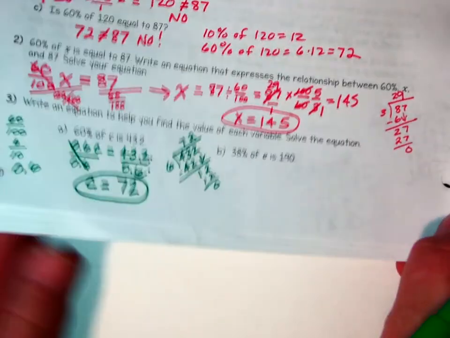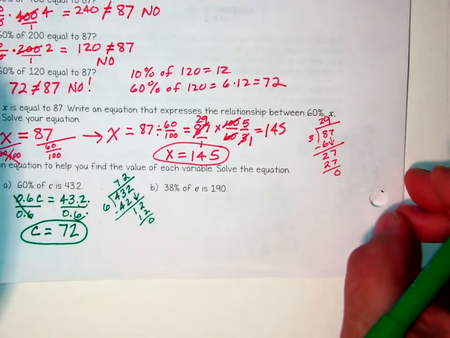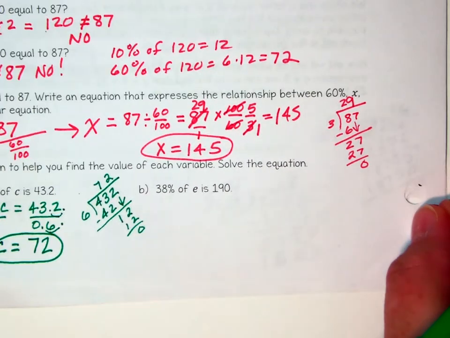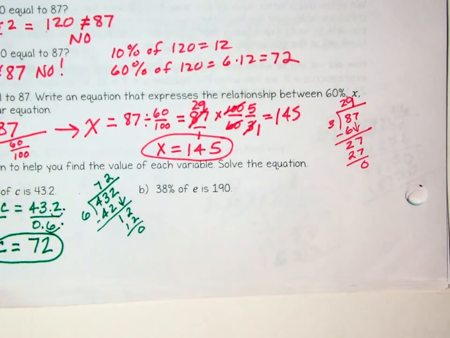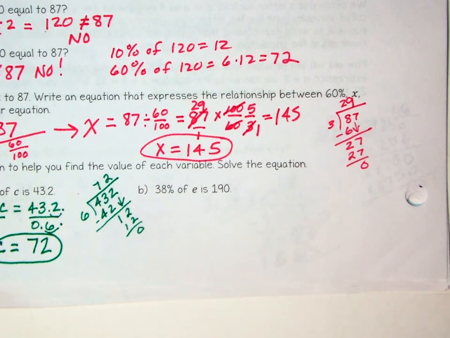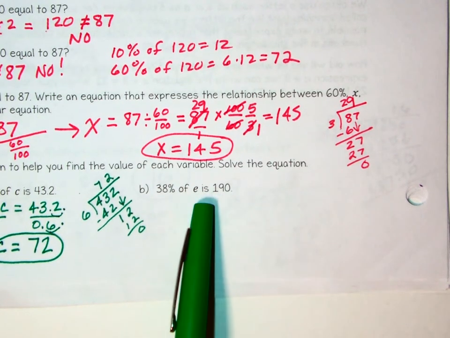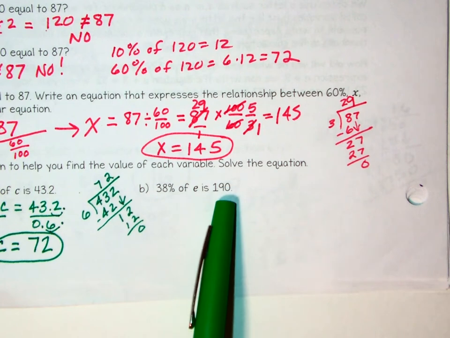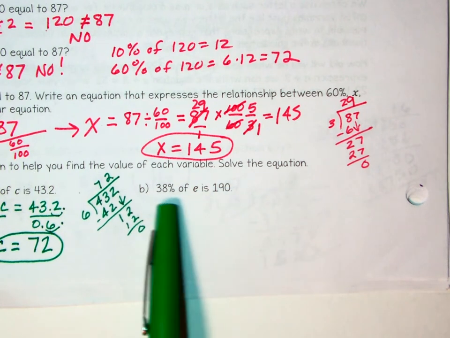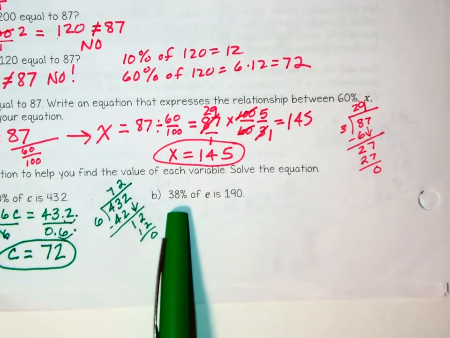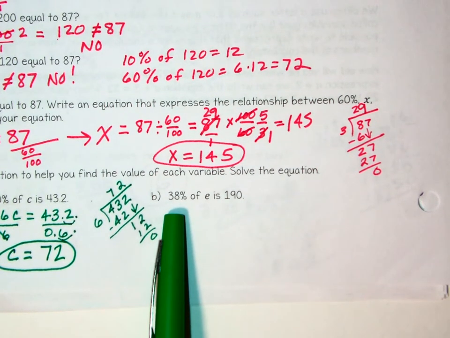Now, I have B. 38% of E is equal to 190. So I can do this a couple ways. I could do 38 hundredths times E equals 190. I could write my 38% just like I did in the last problem, rewriting it as a decimal instead of a fraction.